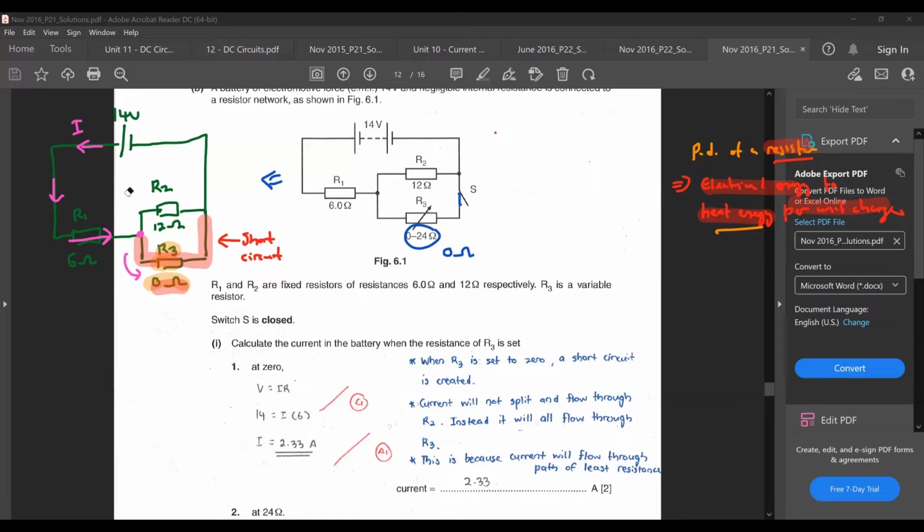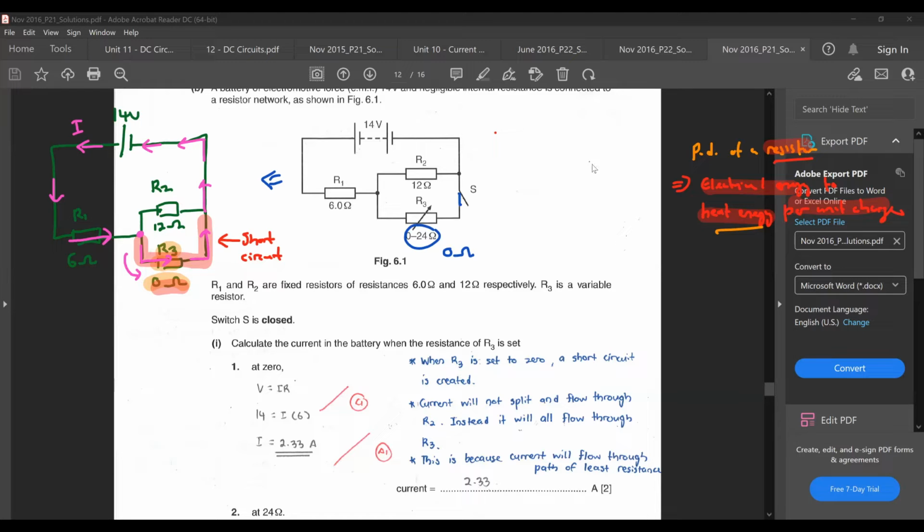The moment you have a path of zero resistance, all the current will just flow through that path without splitting up at the junction. So the current reaches this junction, all of it will just flow through this red colored path here, and then it goes back into your battery.